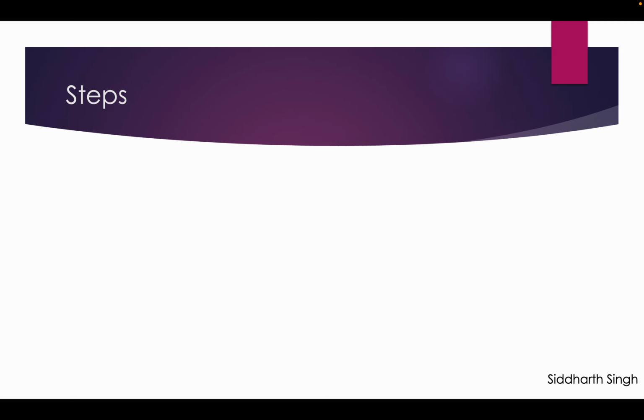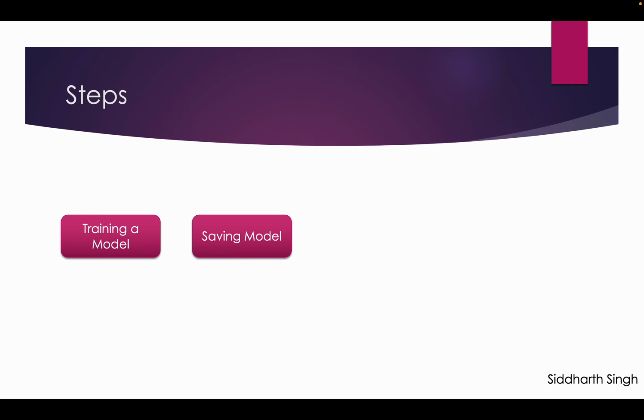So moving on, let me share with you the steps. The very first thing that we will be doing is training a model. We will be doing it in a notebook, and the workspace that I'm going to use is Lightning AI. Then we will save the model as a pickle file. Later on we will move to create a FastAPI app.